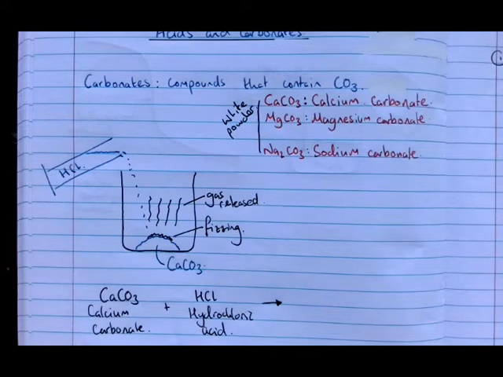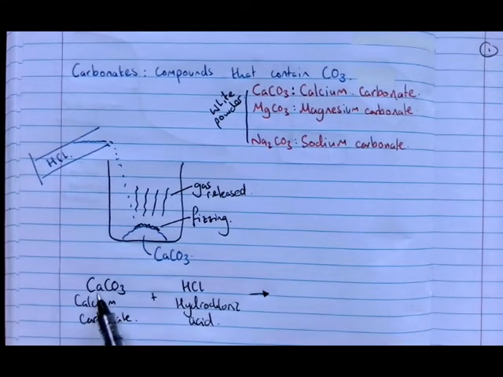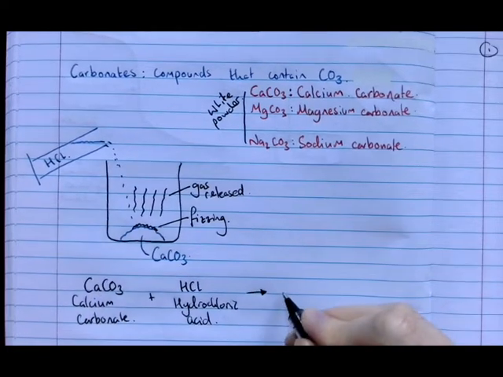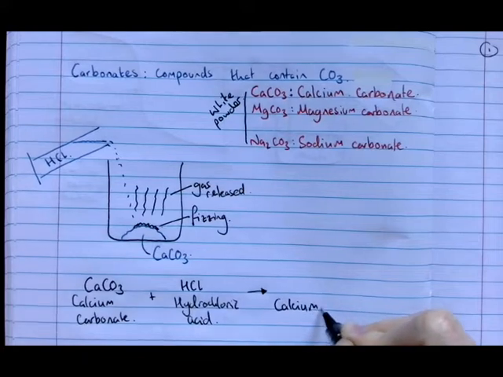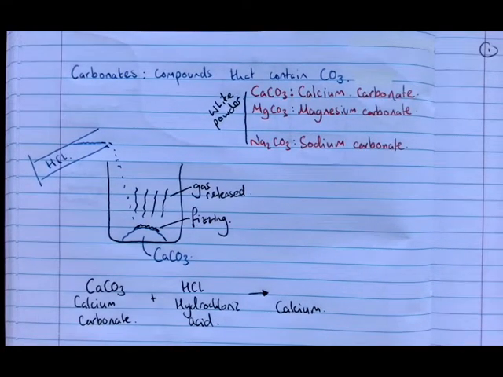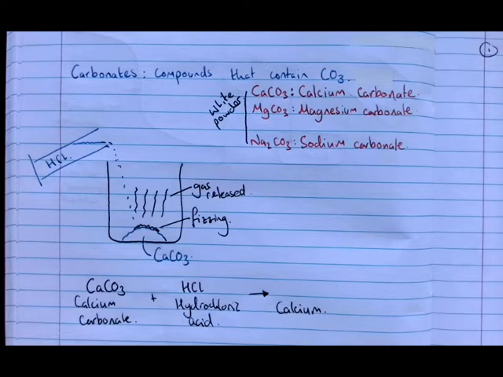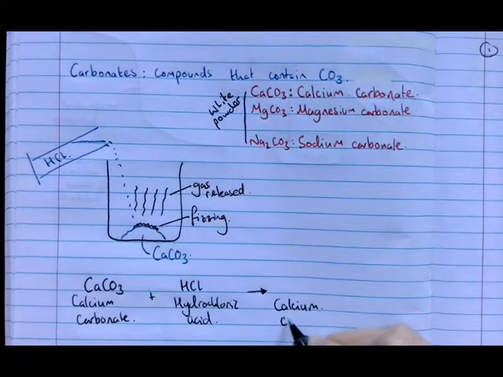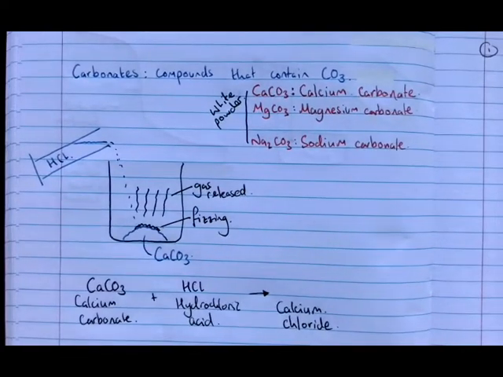So the same way that we had a salt in our acid and our base, we're going to make a salt as well. And we get the salt exactly the same way. It's the metal, so it's going to be calcium. And then because it's hydrochloric acid, the salt it's going to make is going to be a chloride salt. So it makes calcium chloride.